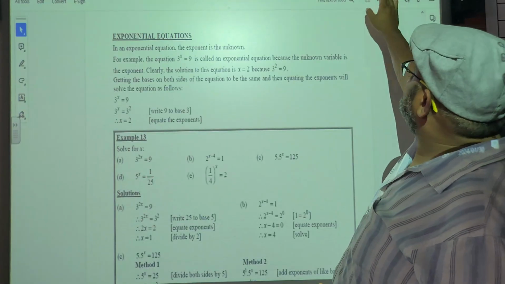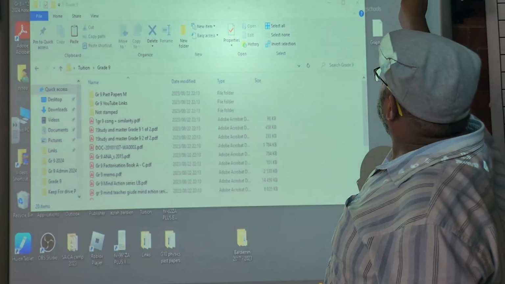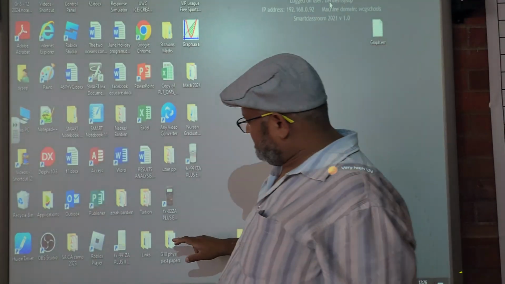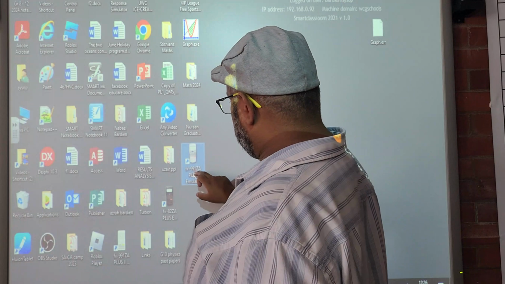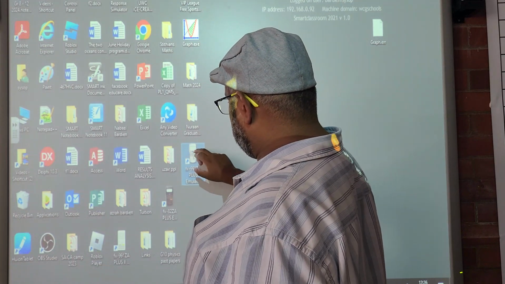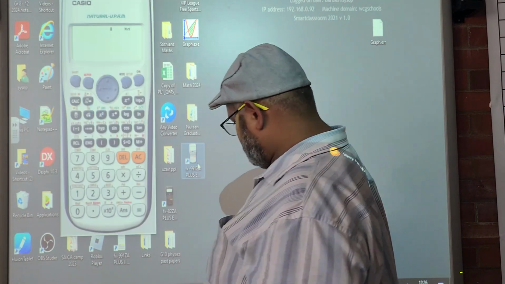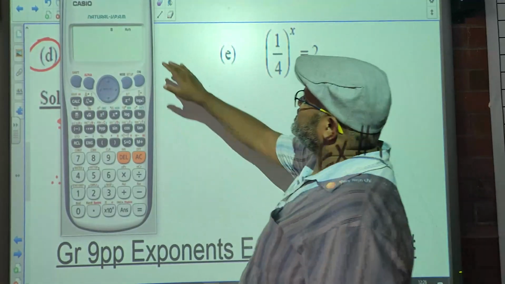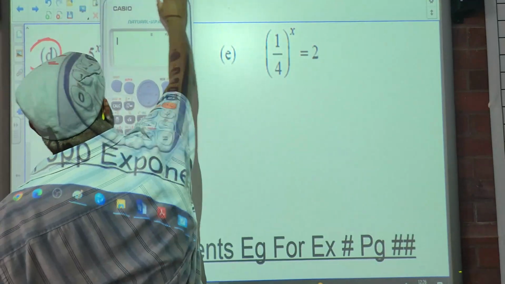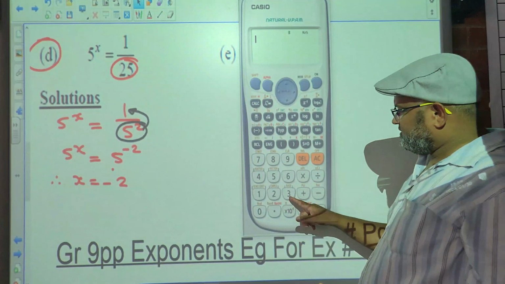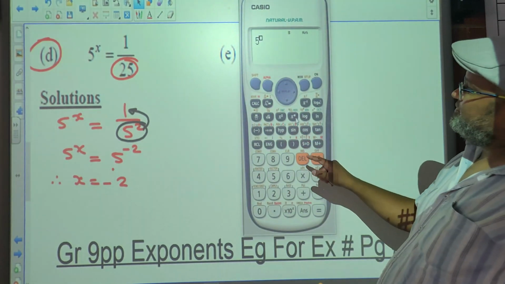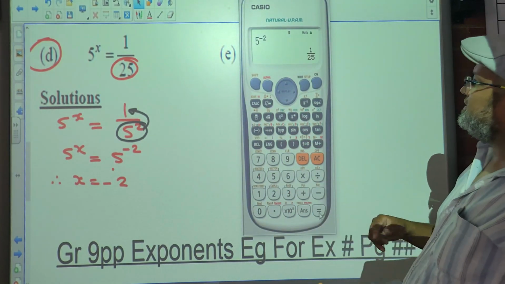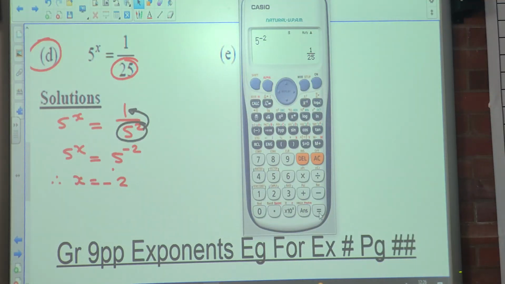Okay, let's just pull a calculator up here. Of course, you guys are not going to be allowed to use a calculator in the exam. I'm just going to show you. You've got 5 to the exponent negative 2, is your 1 over 25. Okay.